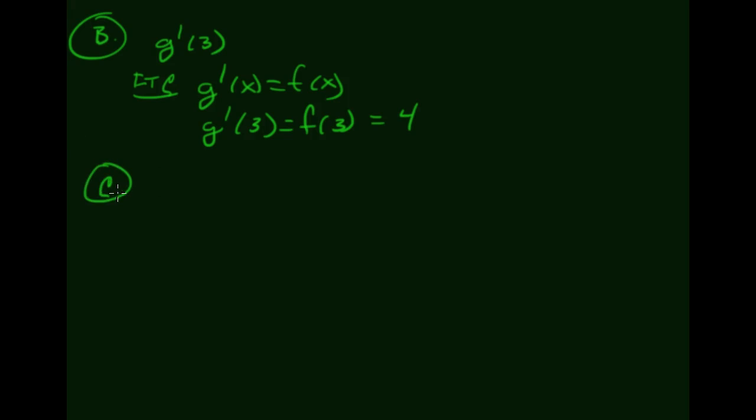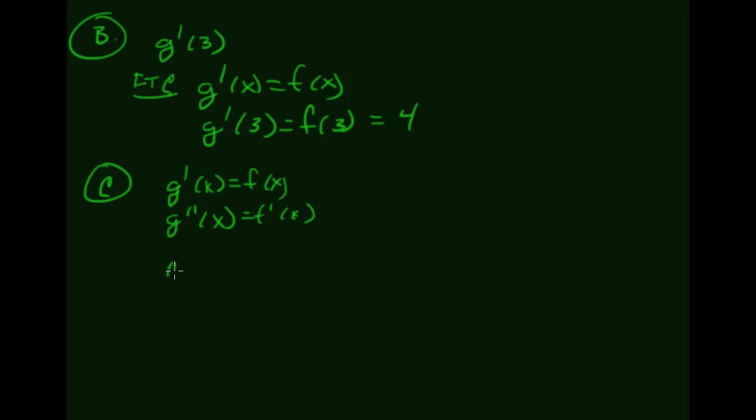Part C of the problem wants to know on what intervals is g concave up. So keep in mind that we just said the g prime of x is f of x. So g double prime of x is going to be f prime of x. So this thing is going to be concave up when f is increasing.